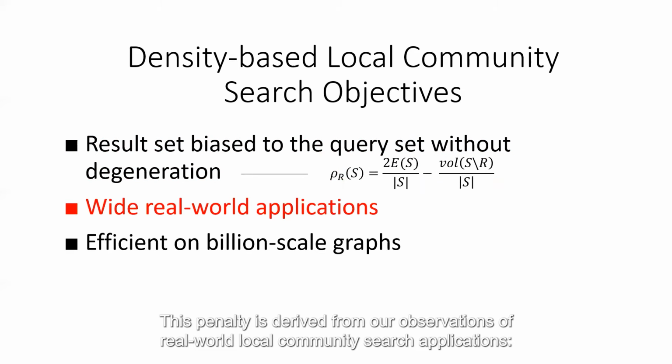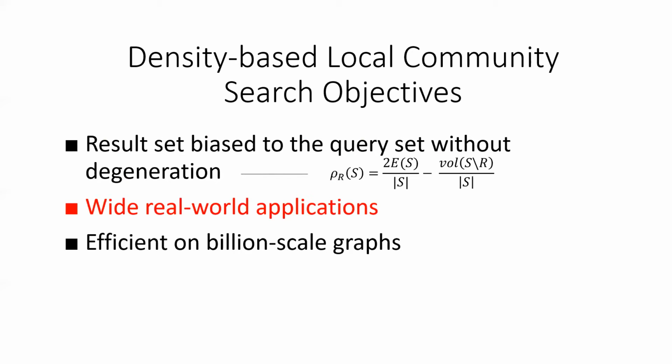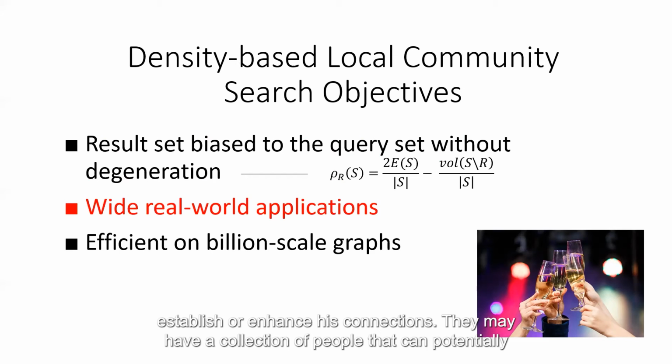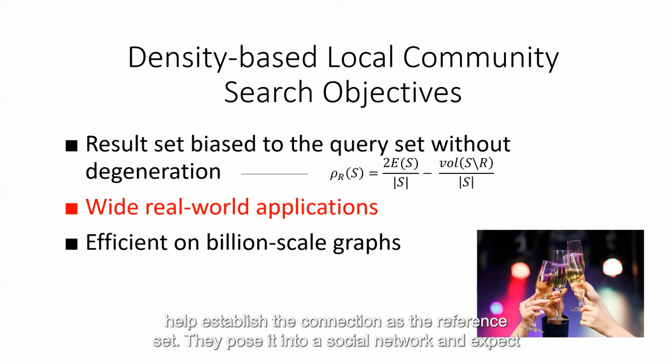This penalty is derived from our observations of real-world local community search applications. One example is social event planning. A person wants to organize a social event that can establish or enhance his connections. They may have a collection of people that can potentially help establish the connection as the reference set.